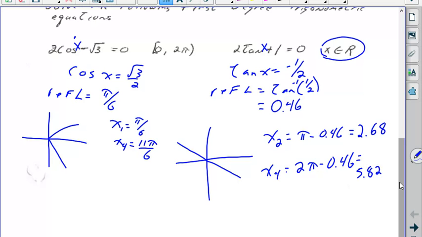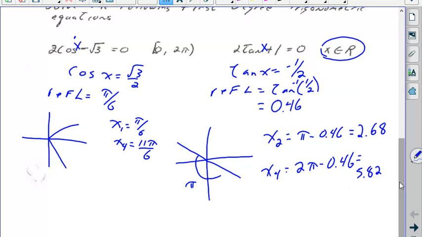Now, you're not quite done. You're after a general solution for this, because it is all real numbers. This is the one as tangent. We know that is pi units apart.